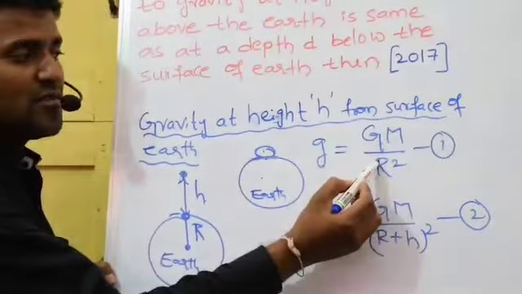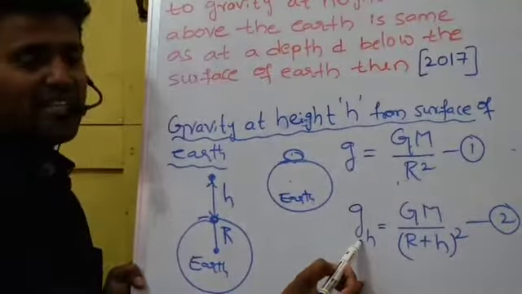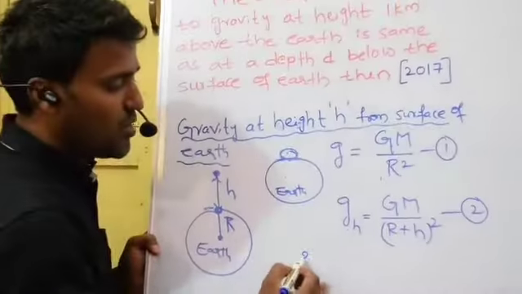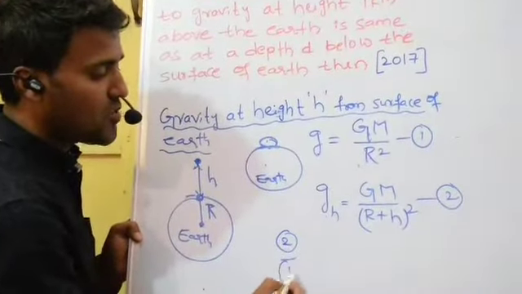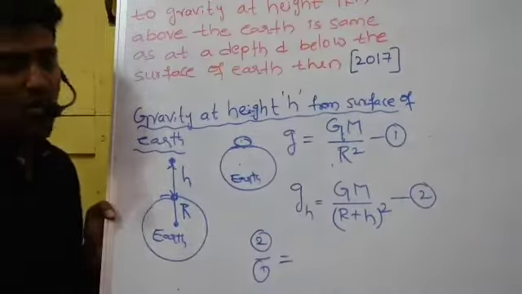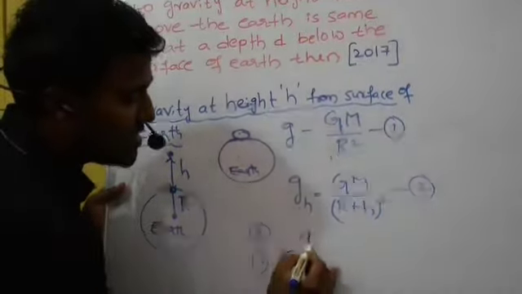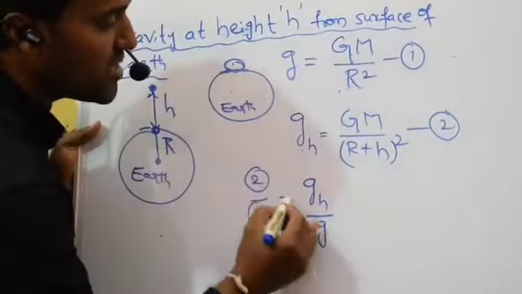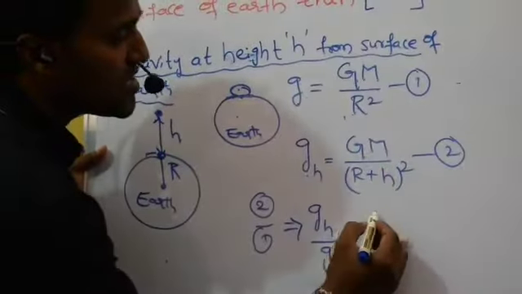Gravity on the surface of earth, gravity at a certain height, these two equations. Now equation 2 divided by equation 1. At that moment, gh divided by g is equal to, what is gh?